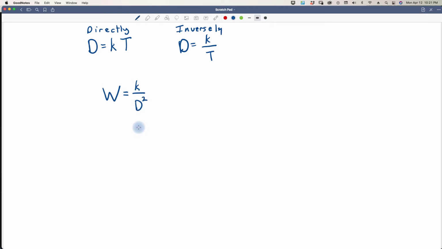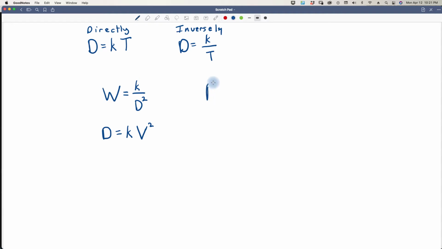All right, let's try another one. The distance required to stop is directly proportional, so that's multiplication, to the square of the velocity. So we square velocity. Here's some more.